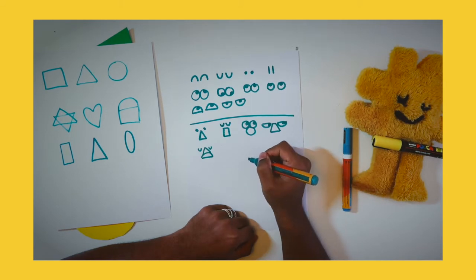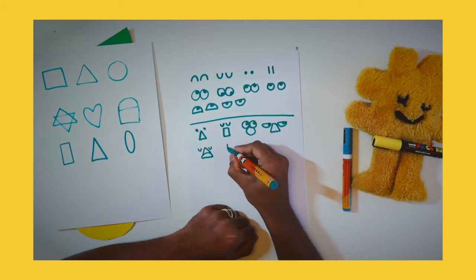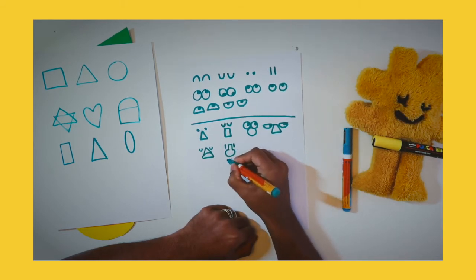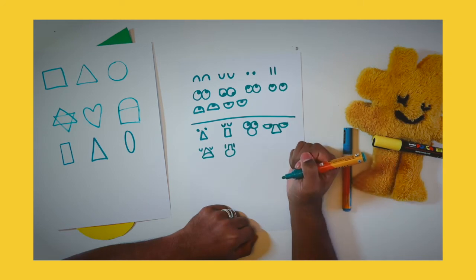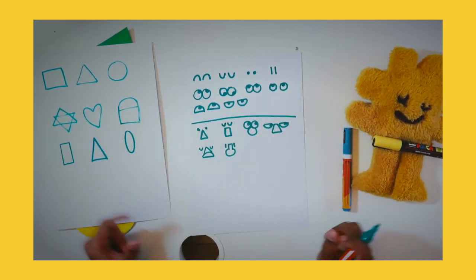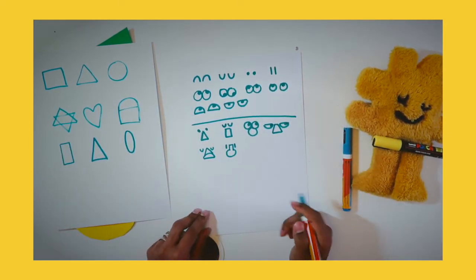Or we could do a square with a circle. And that creates a whole new type of nose. So you can see we can use lots of different combinations to create any type of nose that we like.